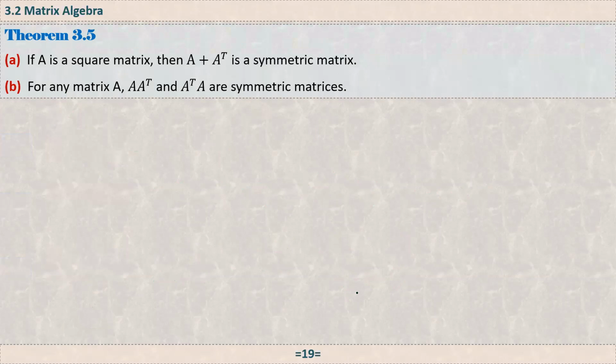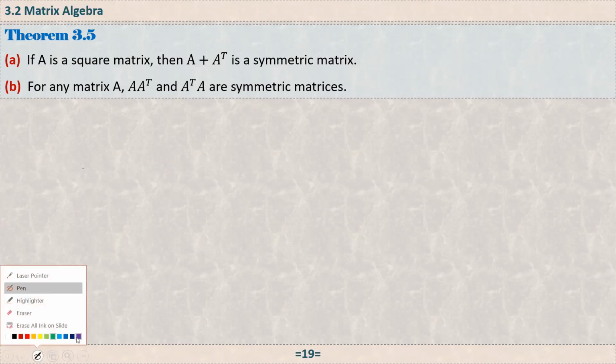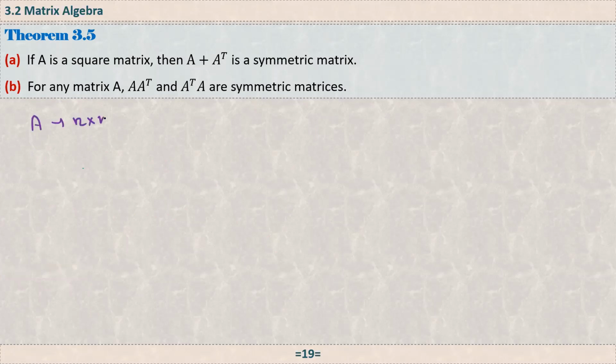It says that if A is a square matrix, what does it mean? Square matrix means its dimension is n by n, right? The number of rows of A is equal to the number of columns of A.